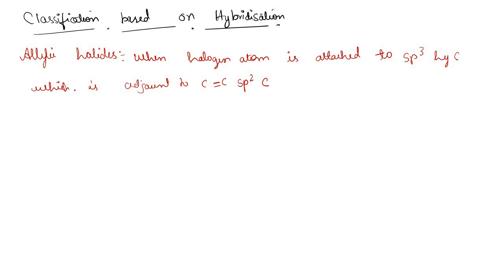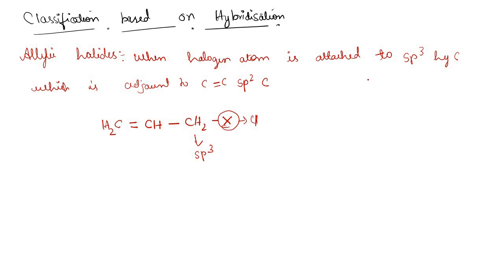For example, see, CH2 double bond CH-CH2X. X is nothing but a halogen atom, so you can replace it with Cl as well. So this is the sp3 hybridized carbon, because it's a single bond, sp2 to sp3. Now what is the definition?